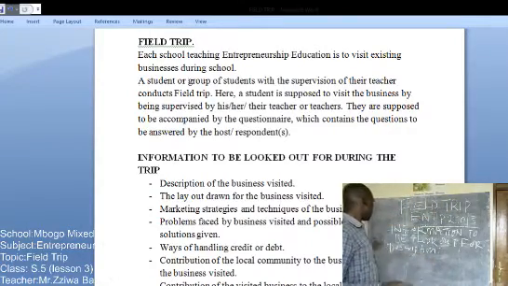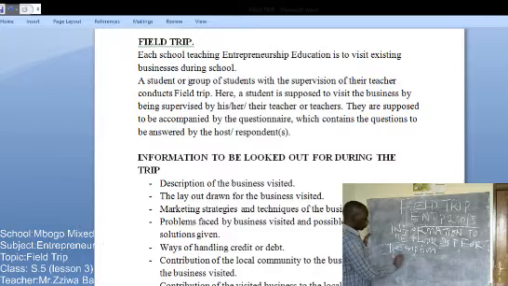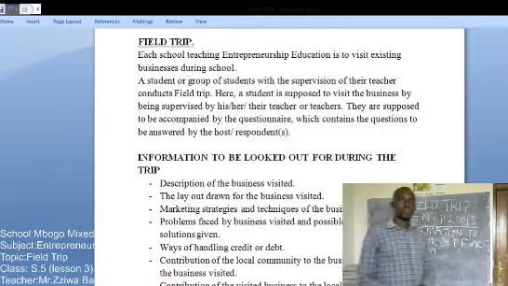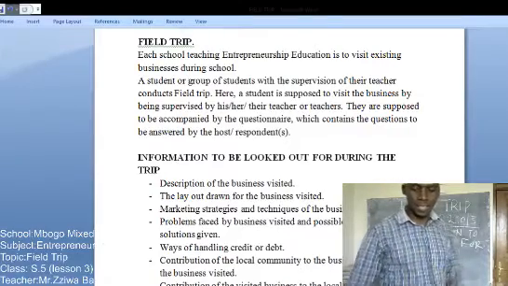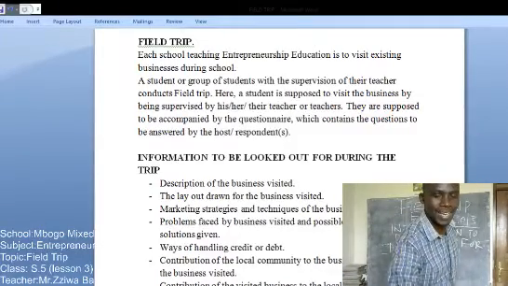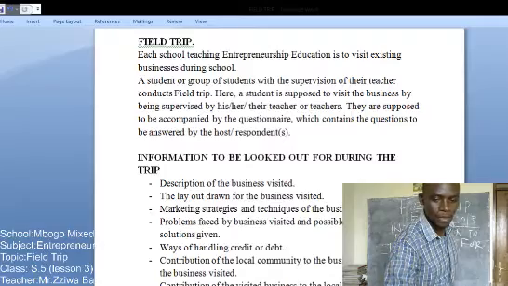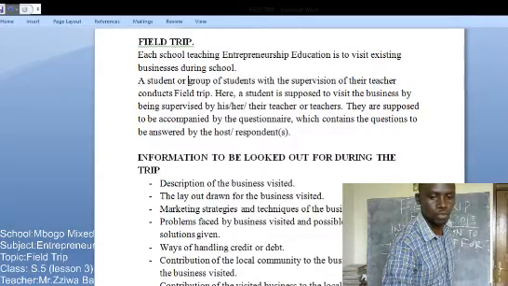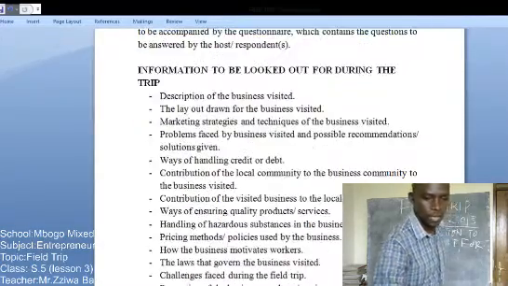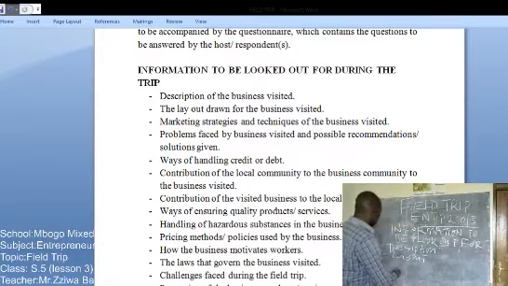The other component, we look at the layout of the business. How is that business arranged in form of infrastructures, in form of other facilities? That one is also very crucial. Then, marketing strategies.